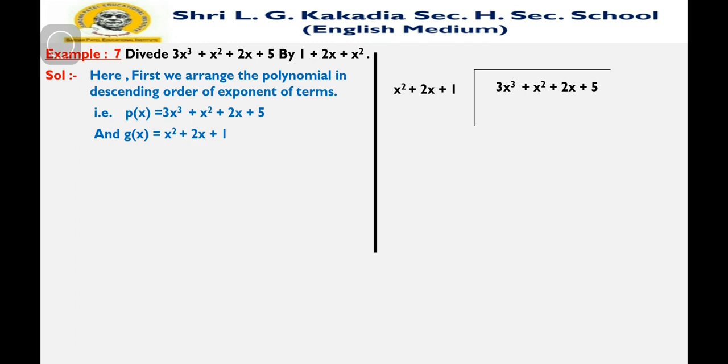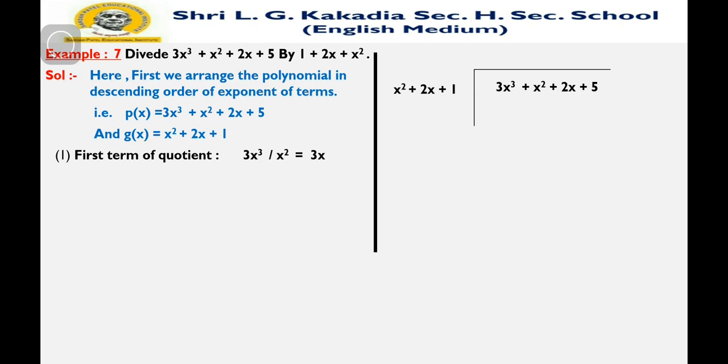Now we first find the first term of the quotient. How can we find that? We divide the first term of the dividend by the first term of the divisor, and we get 3x cube by x square is equal to 3x.